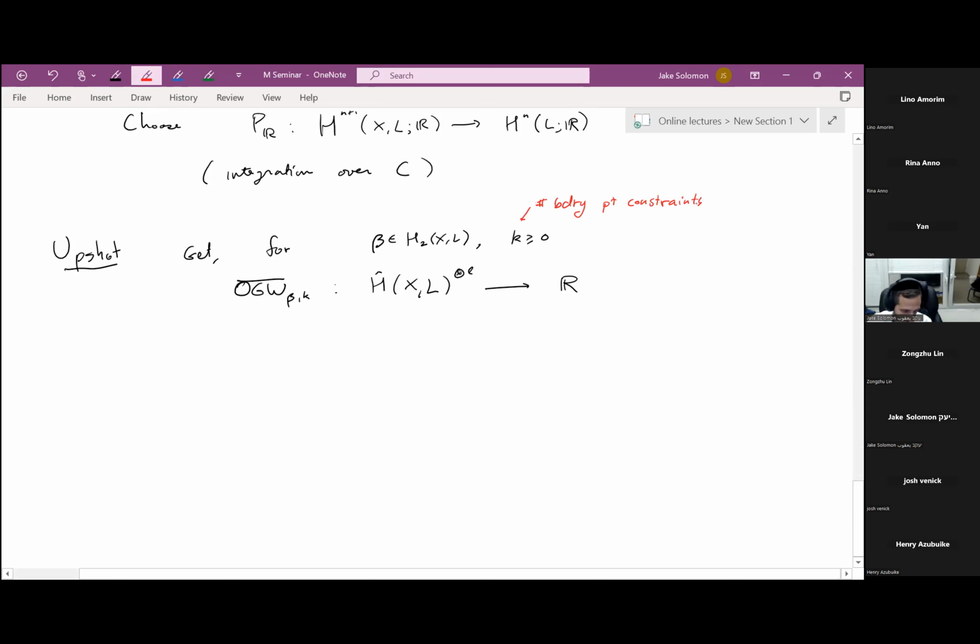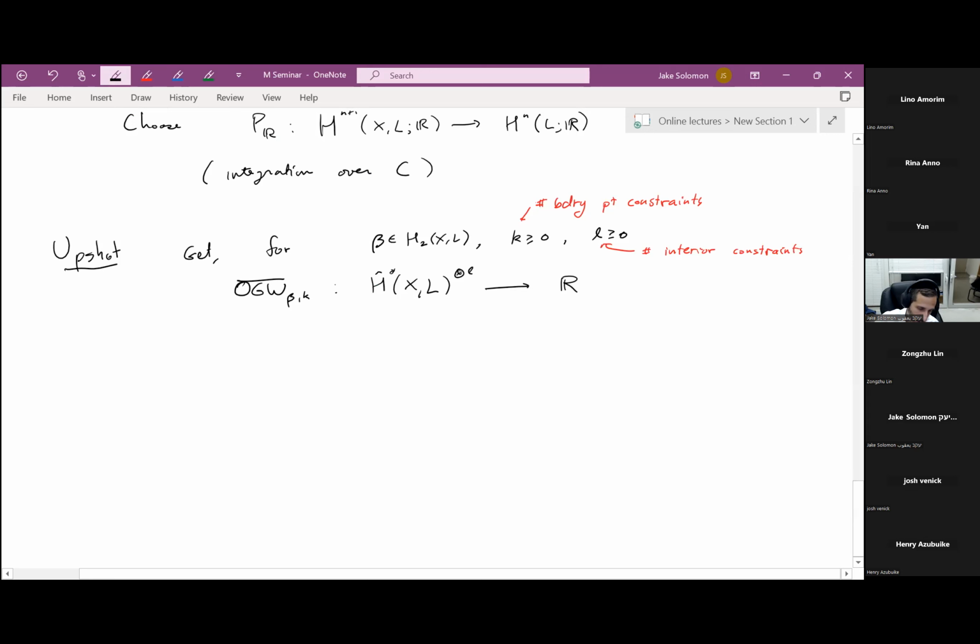Because the way this formalism works, you can have point constraints on the boundary and some positive integer is the number of interior constraints. So these cycles are given by cohomology classes in the relative cohomology of X with respect to L with a slight twist.